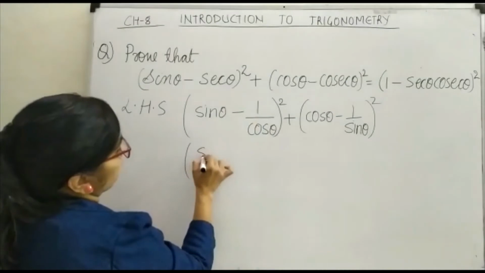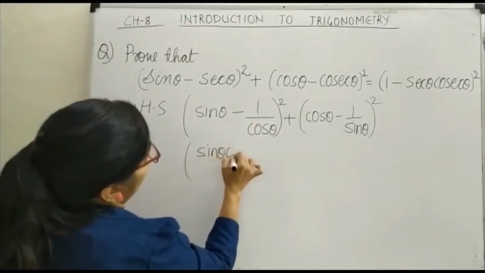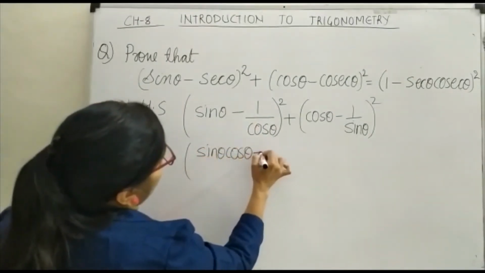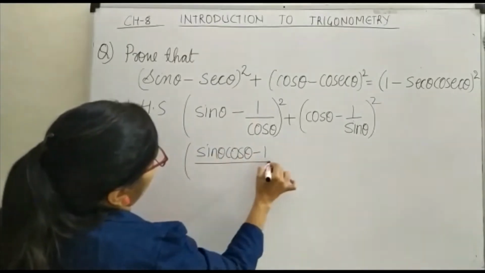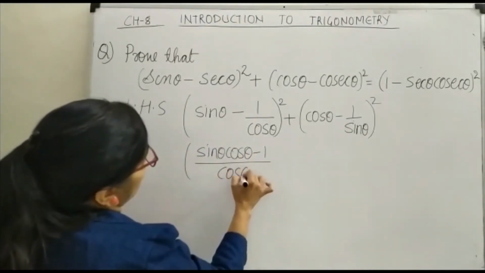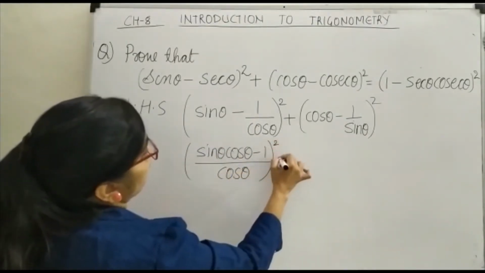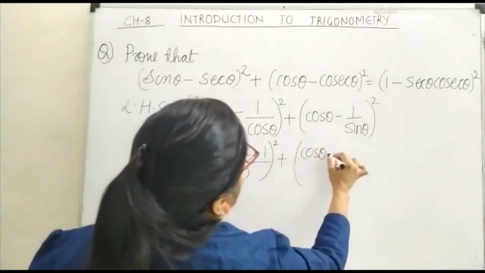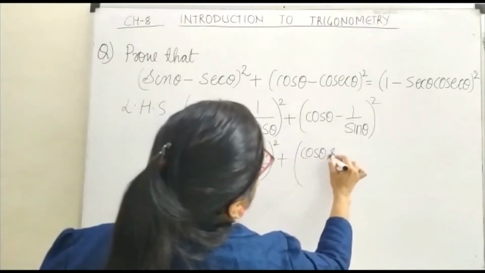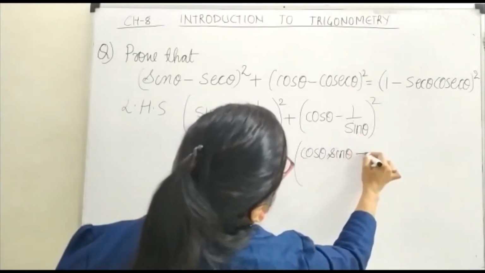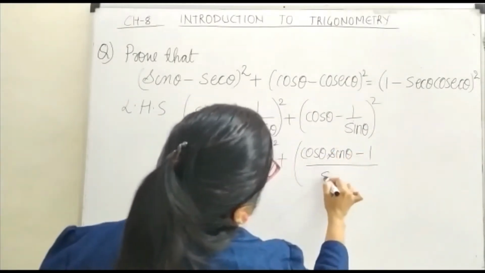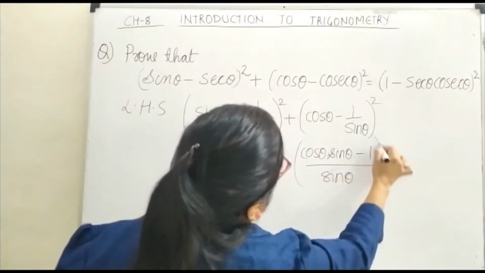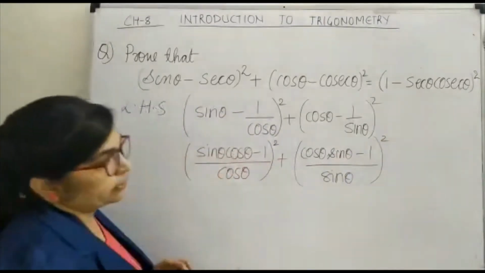So just see what I will get here. I will get (sin theta minus 1 upon cos theta) the whole square plus (cos theta minus 1 upon sin theta) the whole square.